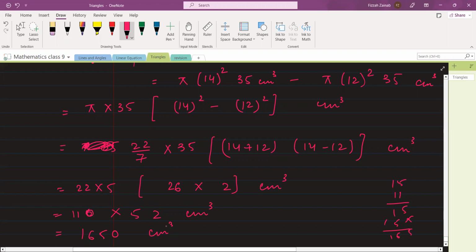I hope I have not done any mistake here. 22 into 5 is, and then I have 2 into 26. Yeah, is this correct?